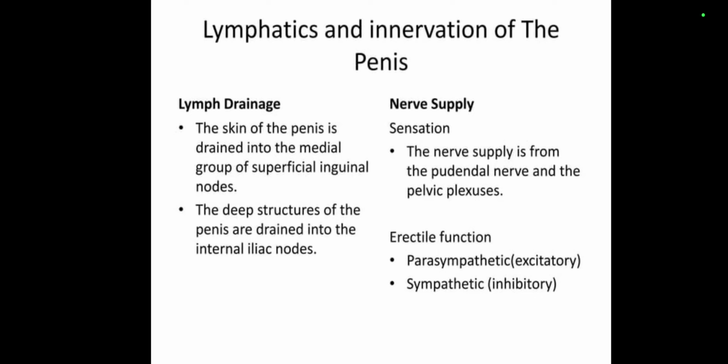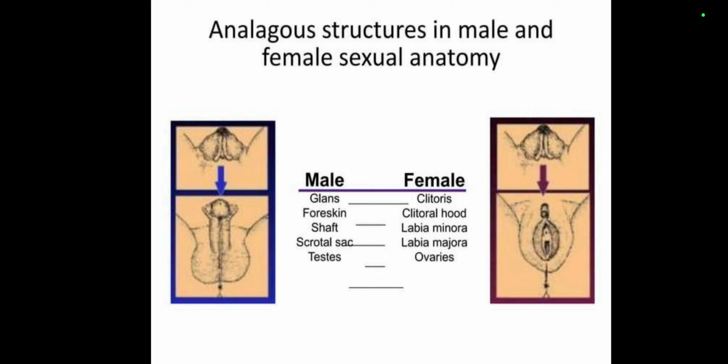Meaning to say, not only the brain has nerves, every part of the body has nerves, because nerves send motor signals or movement. Next, this is the analogous structure in male and female sexual anatomy. For male, we have glans, foreskin, shaft, scrotal sac, and testes.